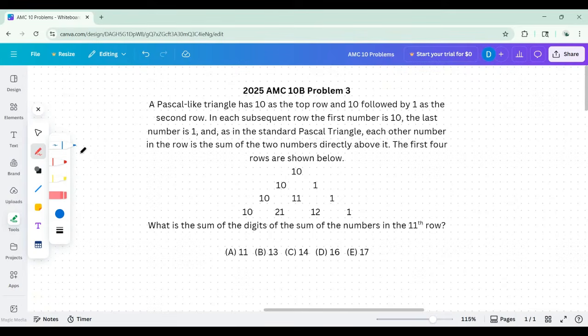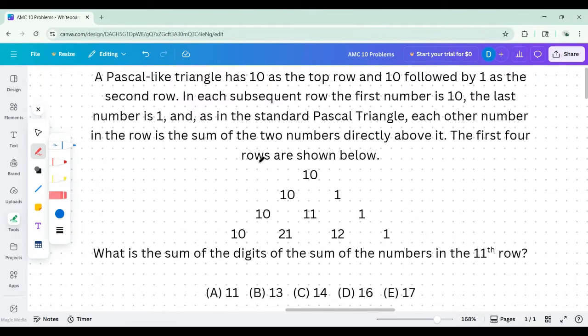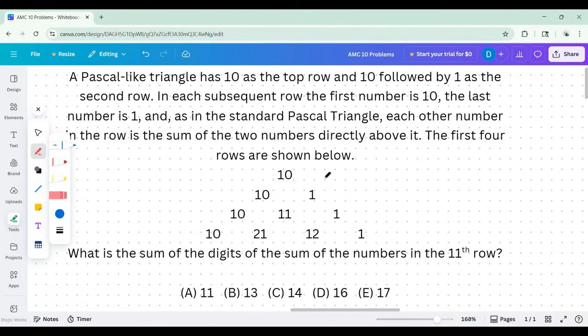Again, there has to be a pattern, especially in Pascal's triangle, because there are so many different patterns, and it's very interesting. Anyways, we can find a pattern by finding the sum of each of the rows.